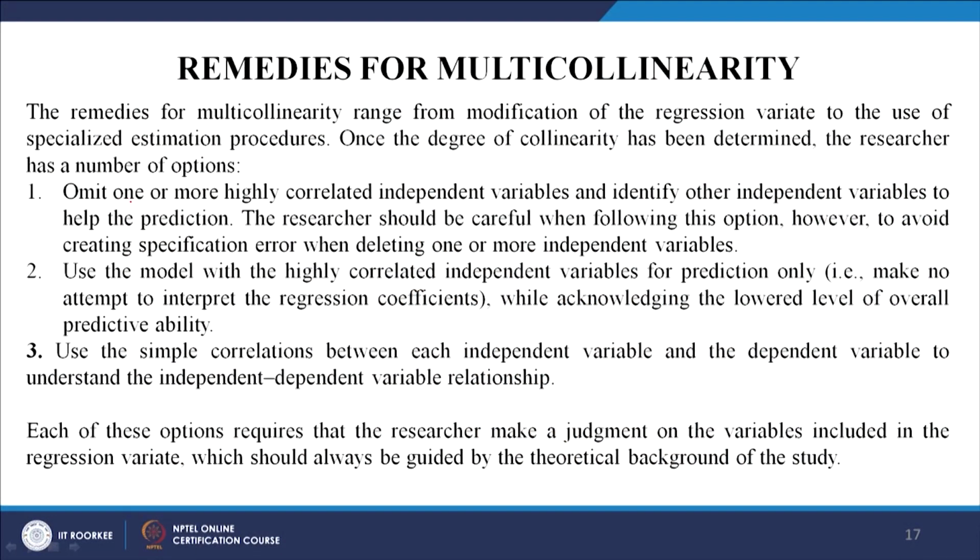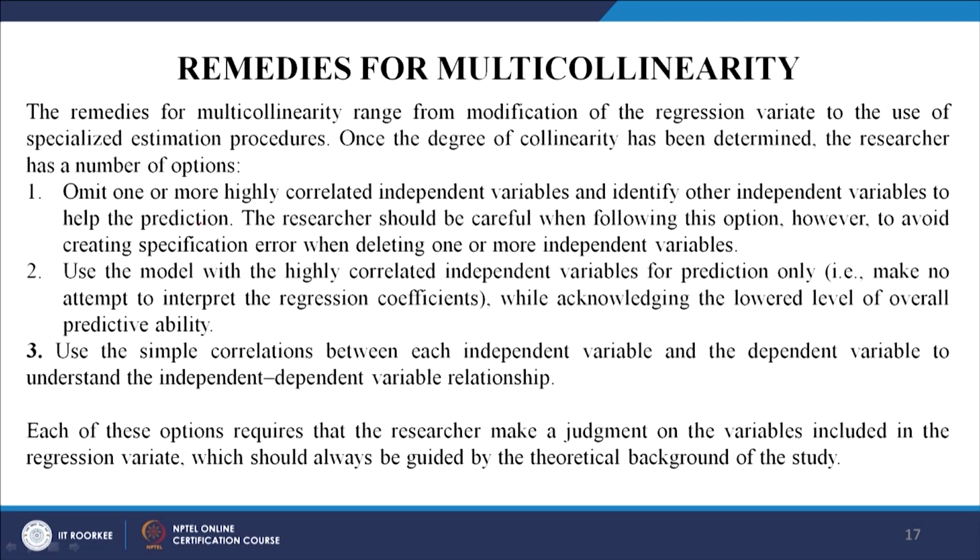Now, what is the remedy? How do I clear this problem? First, if you have a problem of multicollinearity, omit one or more highly correlated independent variables. So, you can see which of the independent variables are highly correlated, right. Check the ones which are highly correlated and delete one of them if possible. Identify other independent variables to help the prediction.